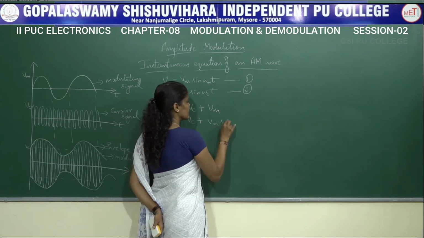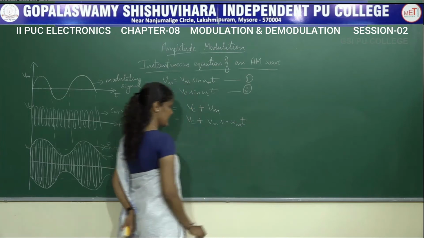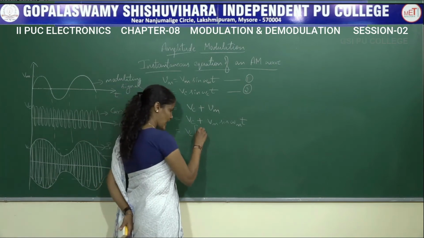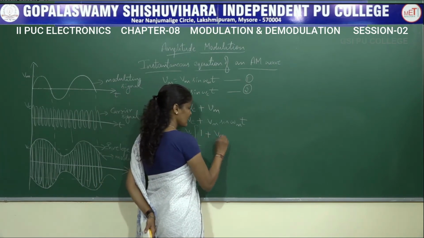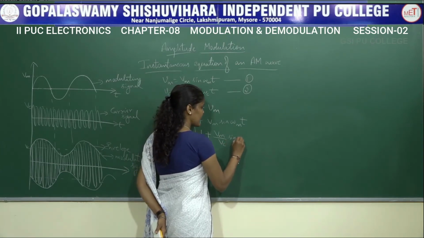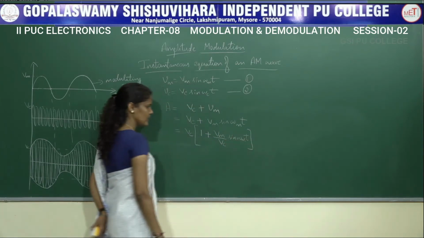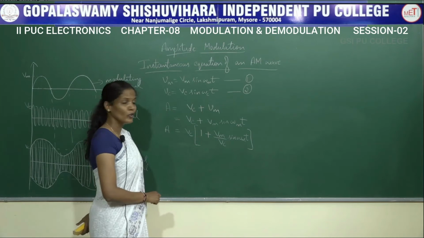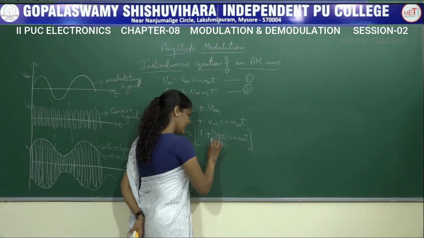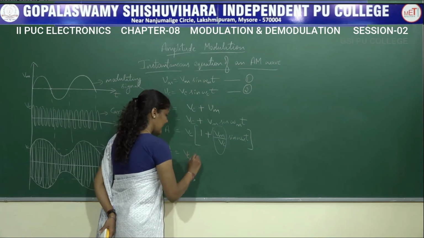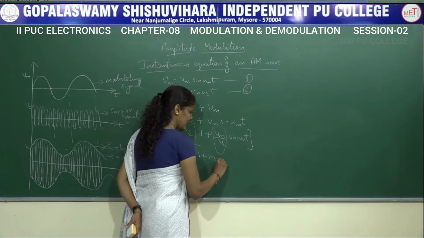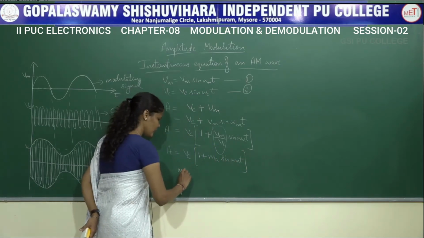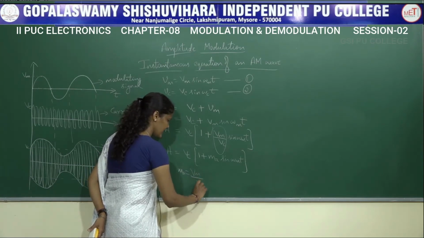If I take Vc as the common factor from this expression, I get 1 plus Vm by Vc sin omega mt. A is equal to Vc into 1 plus Vm by Vc sin omega mt. But this Vm by Vc can be considered as Ma, so 1 plus small letter Ma sin omega mt, where Ma is equal to Vm divided by Vc.